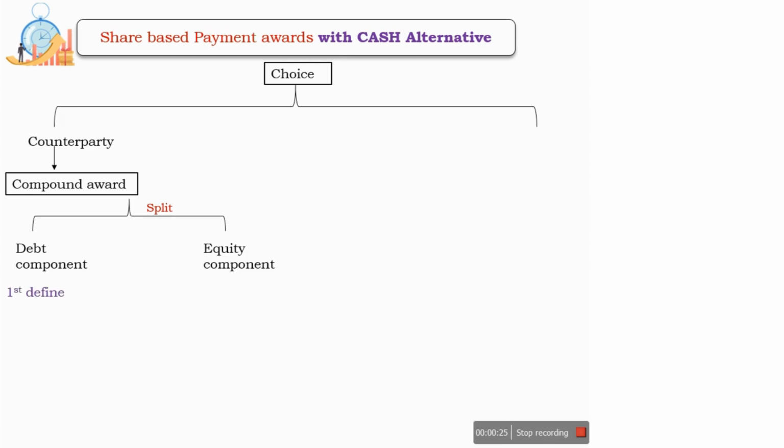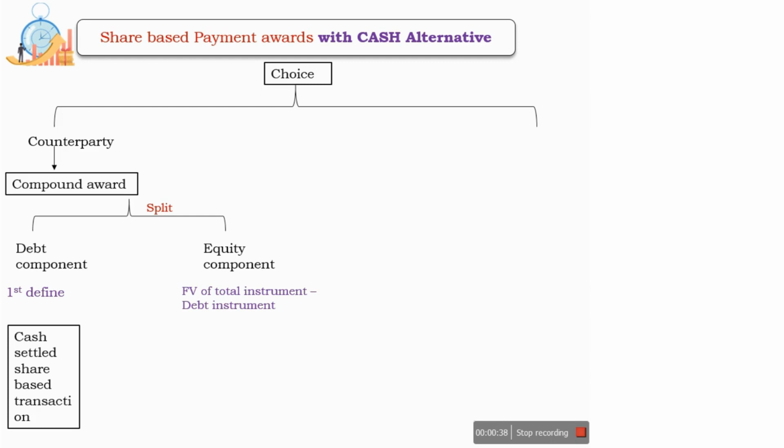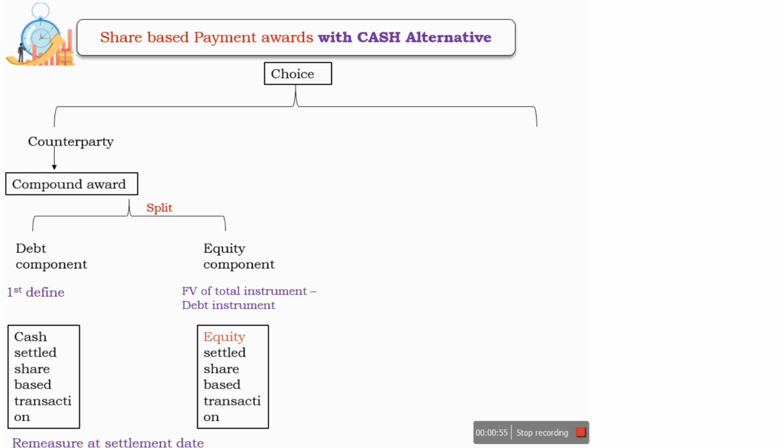First, we need to define the debt component based on the fair value of debt, and the difference of the fair value of the total instrument minus the debt instrument will be defined as the equity component. The debt component will be treated based on cash settled share based transactions, and the equity component will be treated as equity settled share based transactions that we have discussed in the earlier slides.